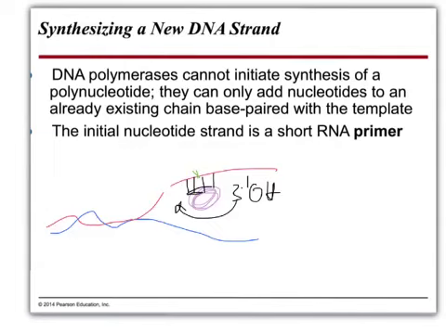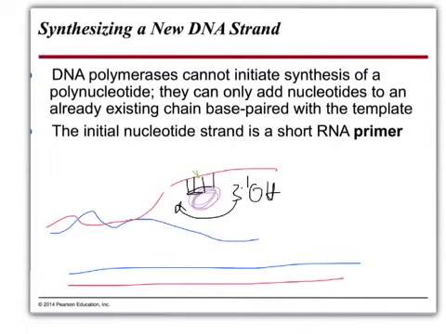Because if we start with an RNA primer and we continue on, at the end of replication we're going to have a strand of DNA that's going to look like this, and then an RNA primer. That little portion is going to be RNA. Is that good or bad?